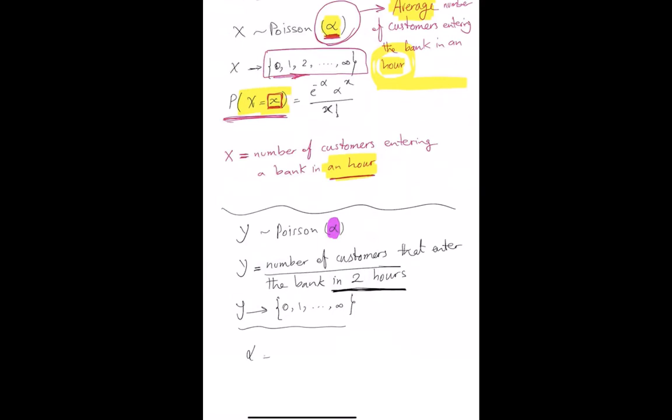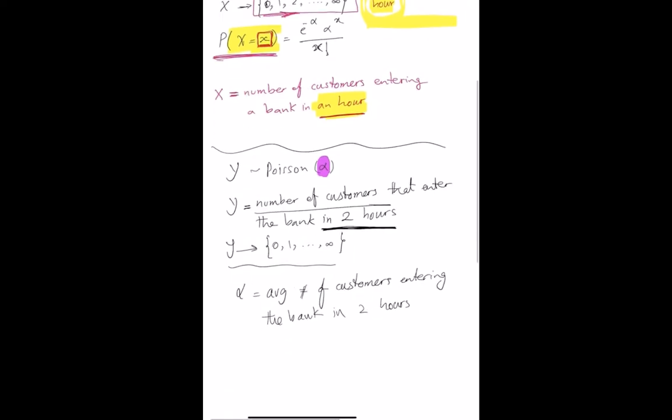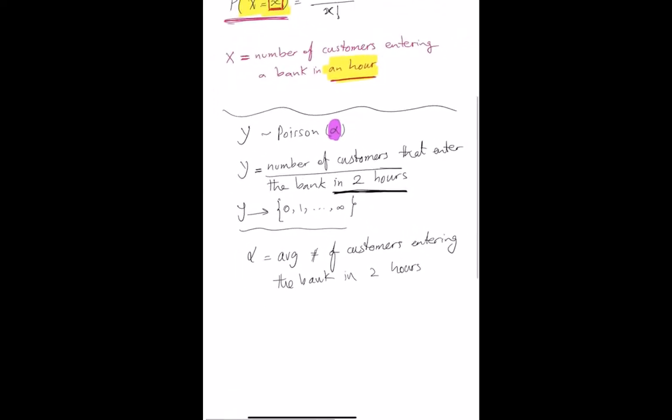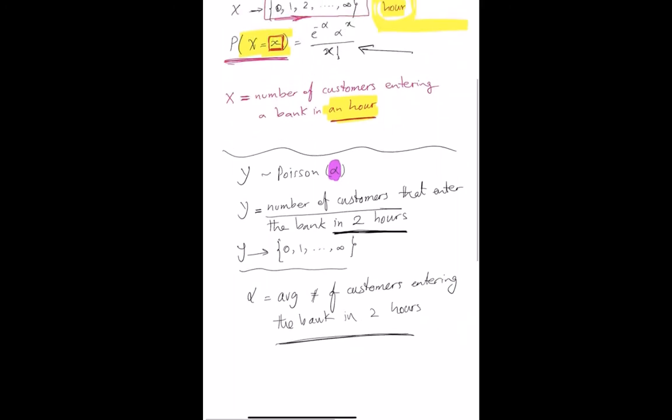Then your alpha here is the average number of customers entering the bank in 2 hours. That's the one that you need to calculate, and that's the one that you need to put in the formula that we wrote here. If you don't have it for 2 hours, you have to calculate it. You have to somehow calculate that number and then put that in the formula.